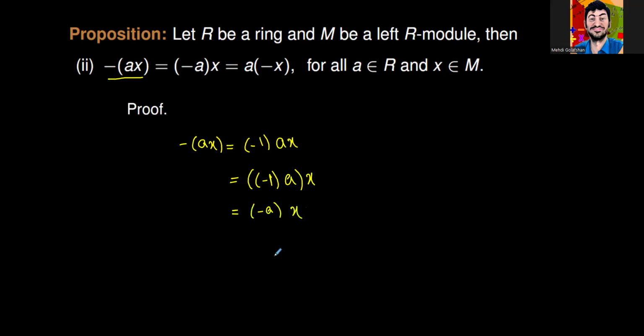And this is exactly minus 1 times a times x, which is equal to a times minus 1 times x, because the identity element in the ring commutes. Again this is a multiple of a times minus 1, so we can rewrite it as a times minus 1 times x.